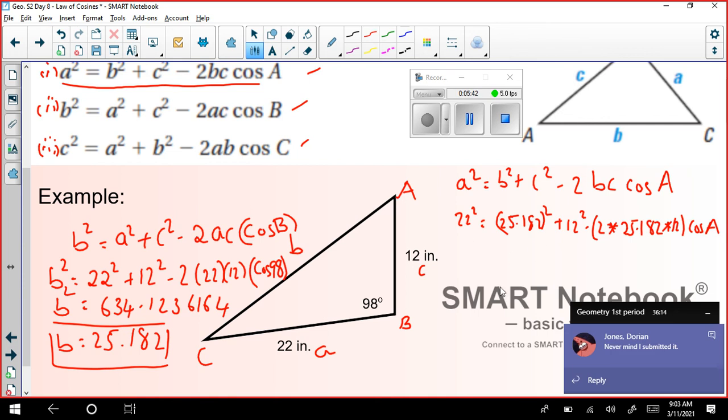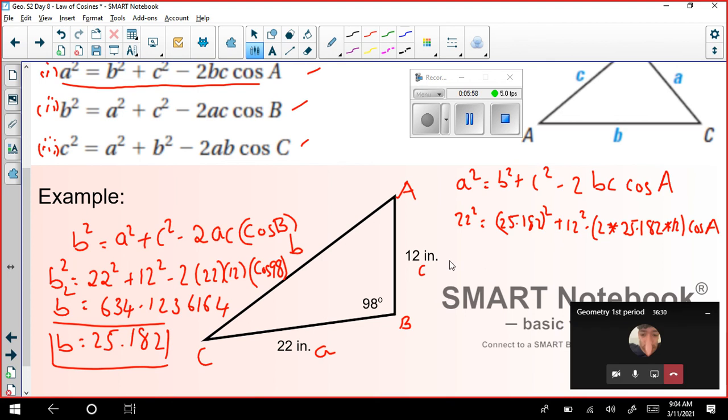Okay, so further, let us simplify this. So you will have 22 square equals 484. So just substitute that, plus 25.182 square, which is 634.133124.